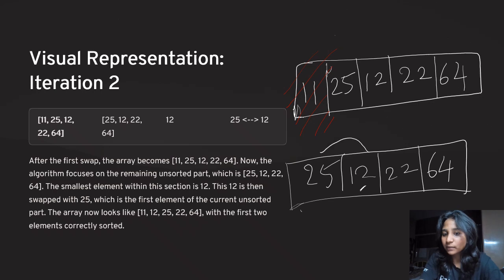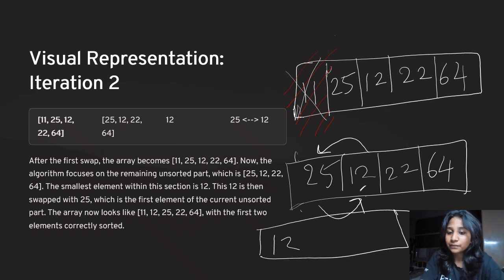So 12 gets swapped with the first element. This 25 becomes the first element basically because this is gone. So now our array somewhat looks like this: 22 and 64.